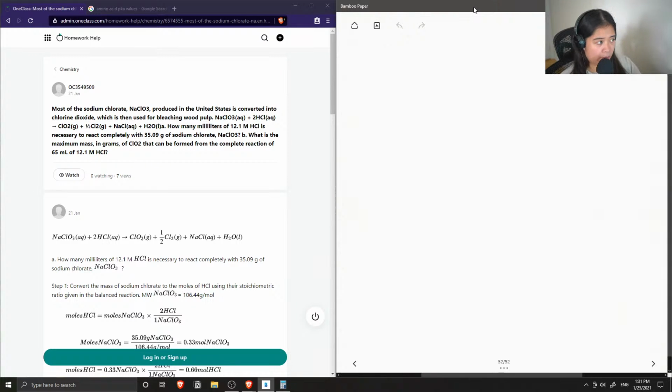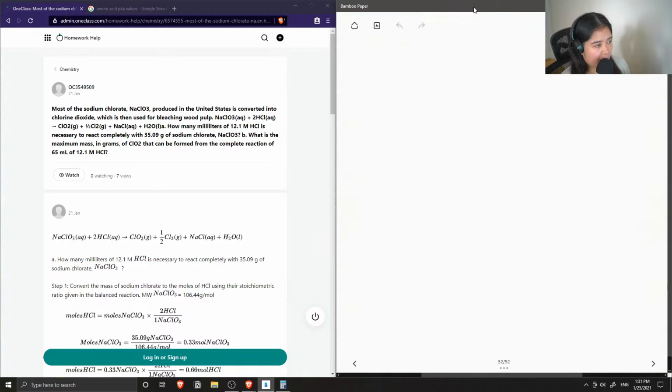Question 1 says that most of the sodium chlorate produced in the United States is converted into chlorine dioxide, which is then used for bleaching wood pulp. Sodium chlorate plus 2 moles of hydrochloric acid makes chlorine dioxide plus chlorine gas plus sodium chloride plus water.